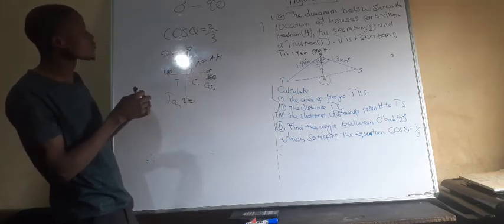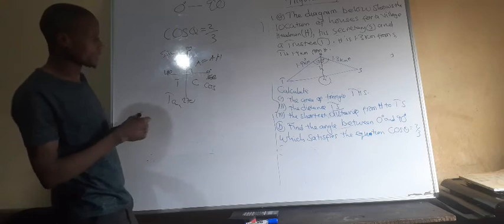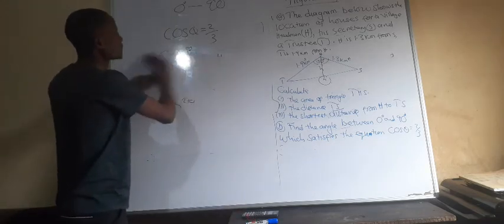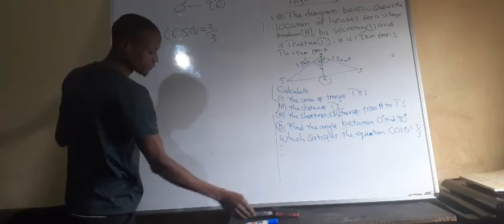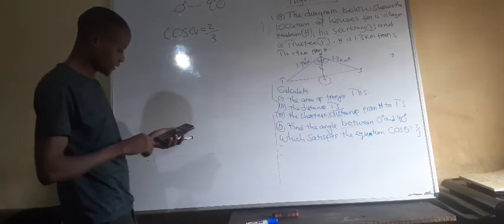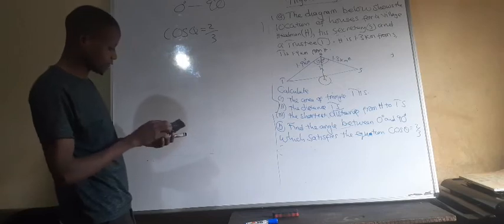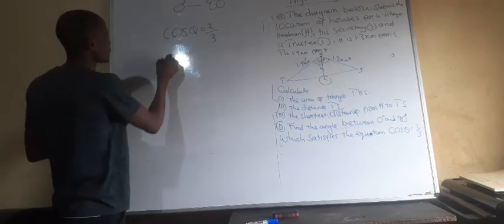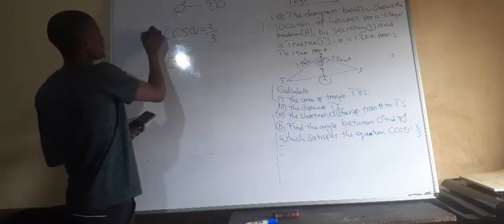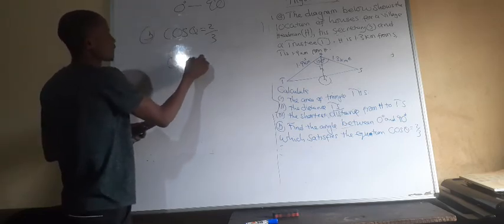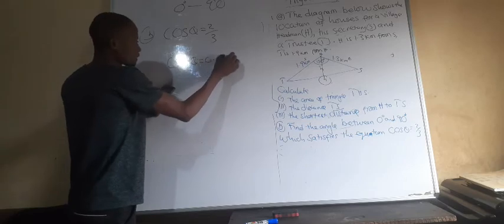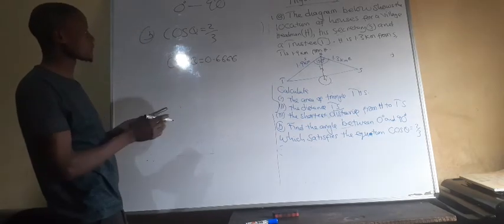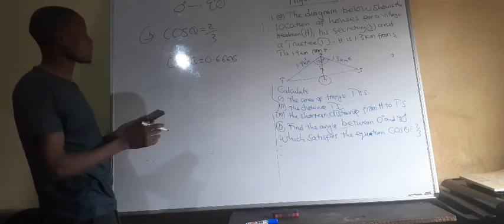So for us to solve that, it was just direct, dividing 3 into 2. So 2 divided by 3, which we are getting 0.6666. So we have cos theta is equal to 0.66666. The number goes on. Just take the first 4 decimals without rounding off, avoid changing the number.